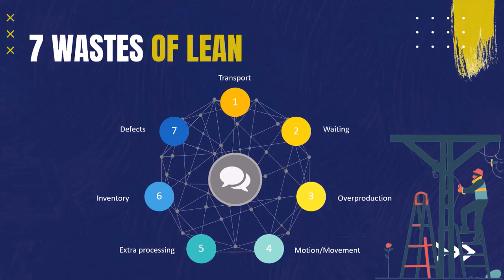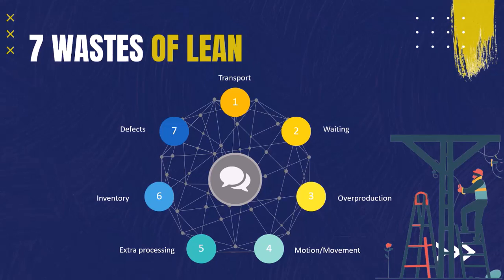Second, waiting, which is waiting for assets to shut down, waiting for spare parts to be delivered, waiting for information to be obtained. All of those are considered to be waiting waste. Third, motion, which is excessive movement within the workplace for any reason. Fourth, defects, and those are mistakes and errors in the maintenance tasks that lead to rework.